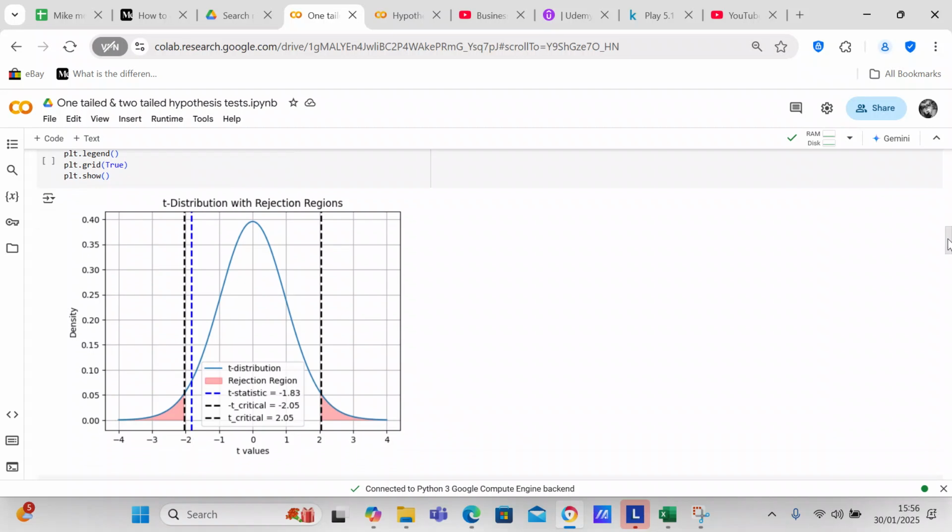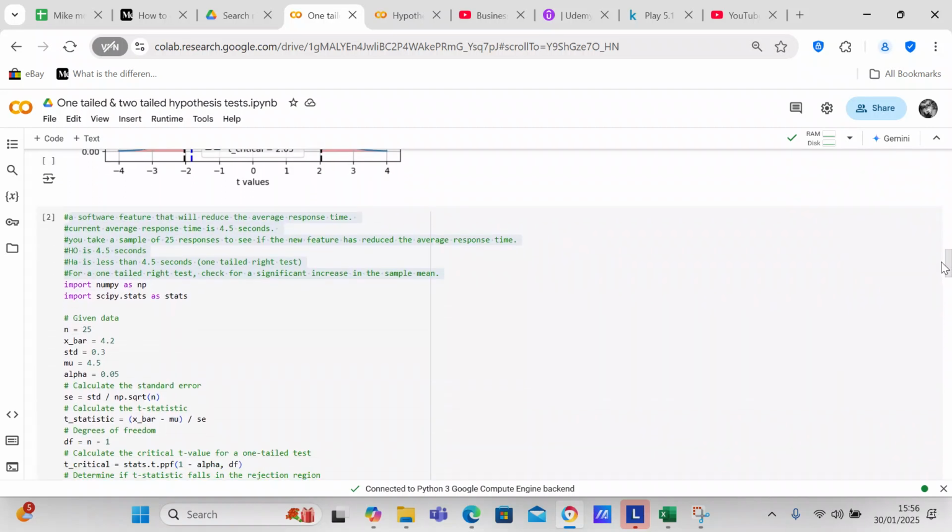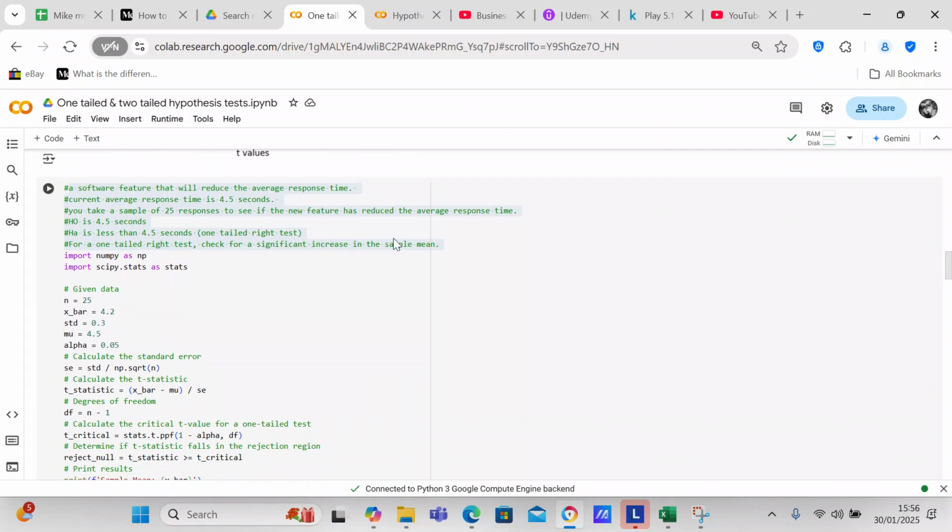So you can see that your t-statistic is not in the rejection region, and since it's not in the rejection region, you cannot reject the null hypothesis, so you have to accept that null hypothesis.